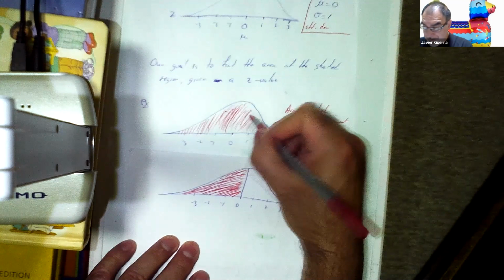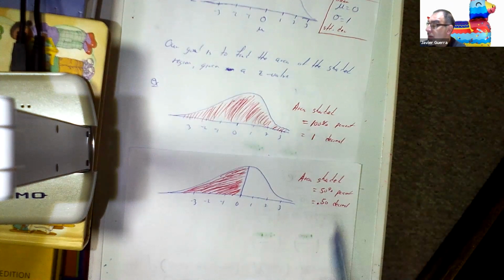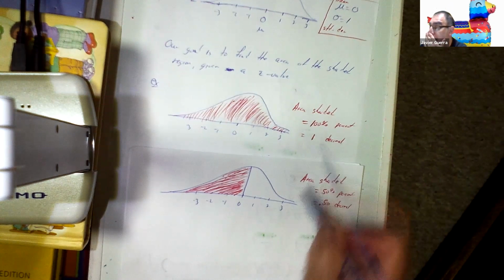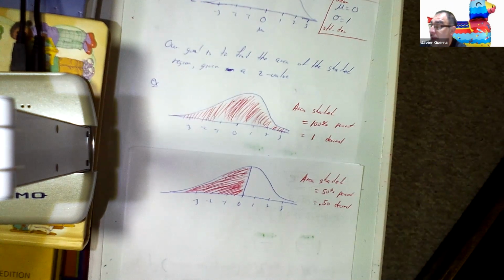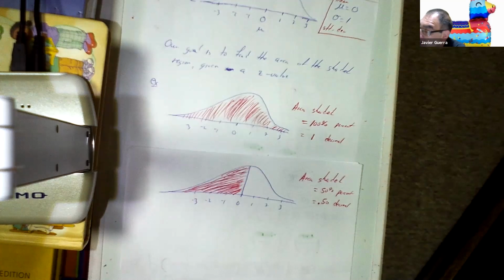My shading's terrible. Well, these two are gonna come out nice, right? So you can visualize it, but sometimes you won't know what that piece is. We don't know what the shading of the piece is going to be.